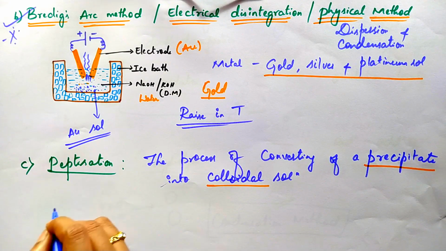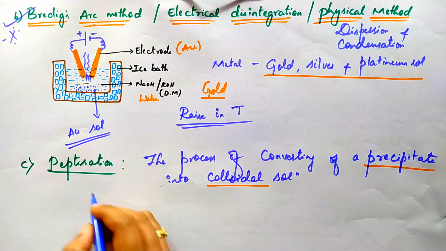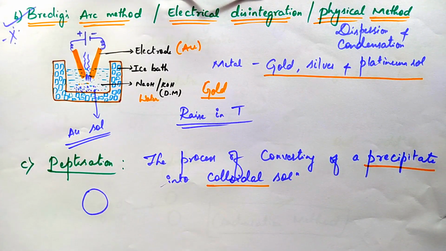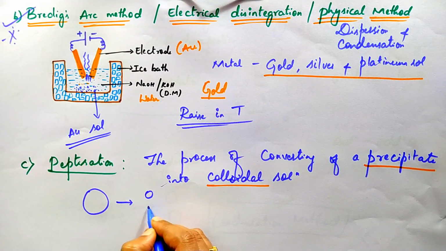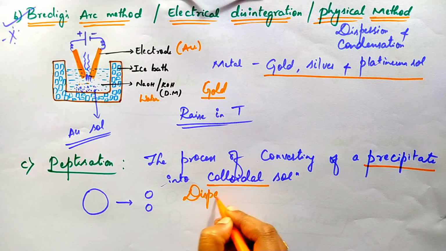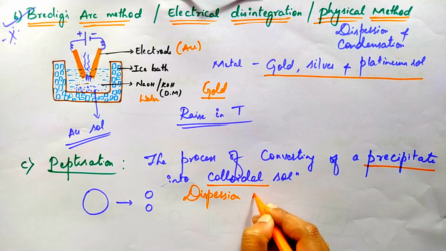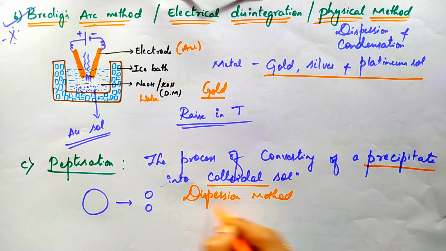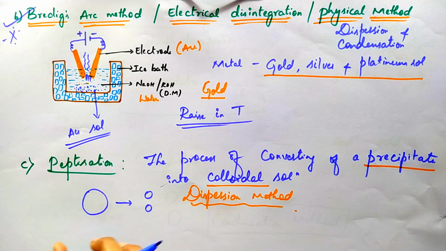So, which method is this? The precipitate, that means a bigger particle, is converted into colloidal particles. Therefore it shows a dispersion method. How is this precipitate converted into colloidal particles?